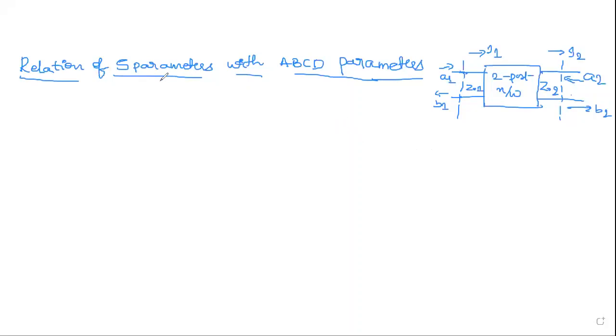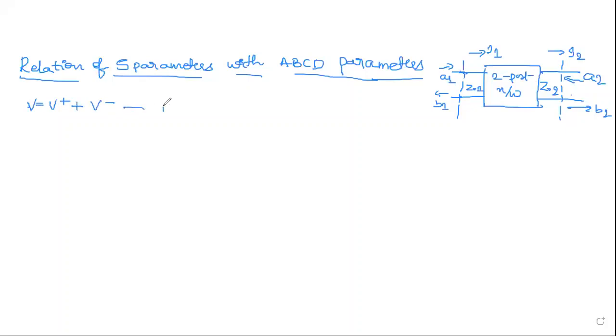Now, the first step we have to consider, now you know the two-port network. For the two-port network, you have A1, A2 as the incident and B1, B2 as the reflected waves. I1 and I2 are the currents. Z01 and Z02 are nothing but the characteristic impedance. Now, starting with the equation, if you remember the starting equation we have derived for S parameter, for the voltage, it is incident voltage V plus and the reflected voltage V minus.